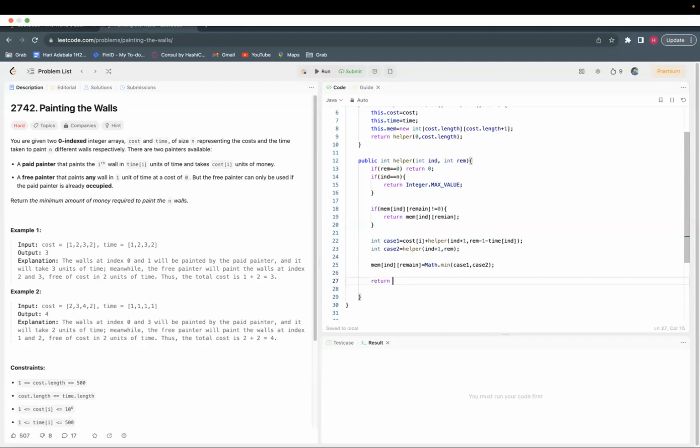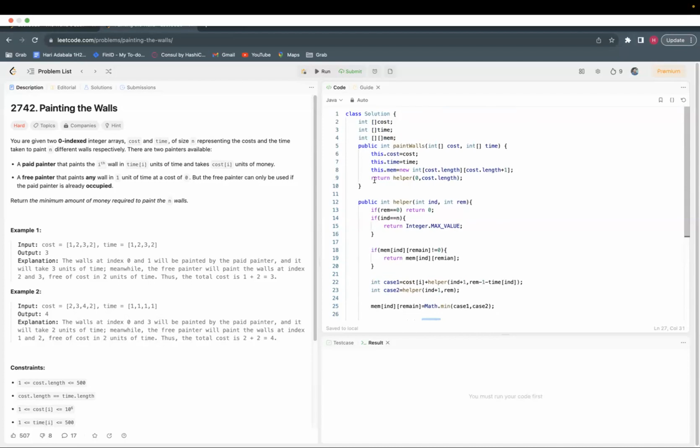Then we'll return the memoization of ind comma remain. So here we are returning, and for the base case, we are returning memoization of 0 and remaining. I mean, from the starting index, if we are filling these remaining ones. So that's why here we are returning 0 comma cost dot length.